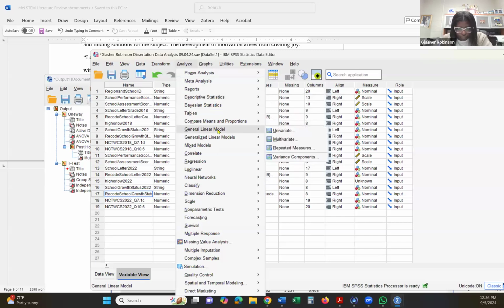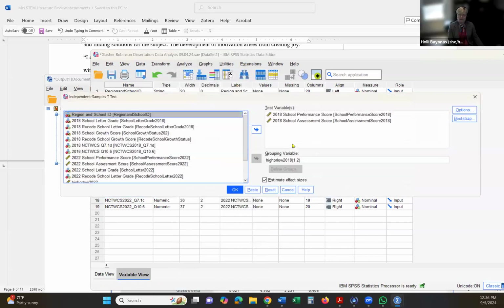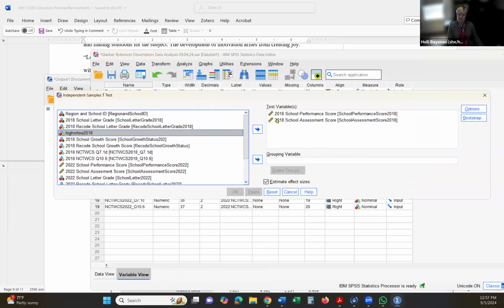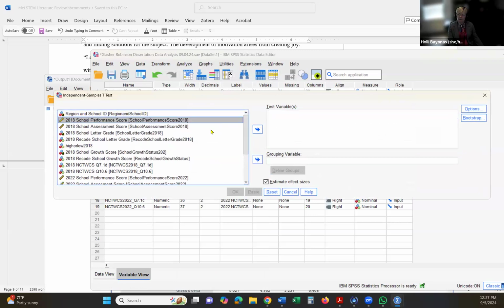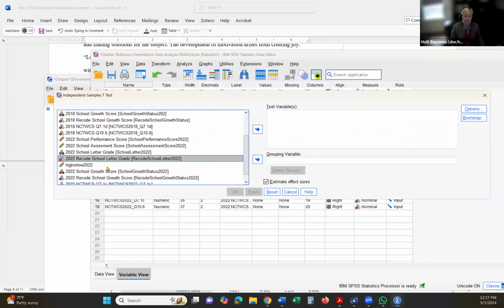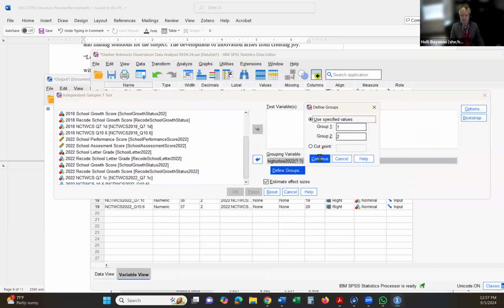Analyze, t-test. You are out. And now up to 22. Recode. No, high or low is my grouping variable. What's a 1 or a 2?